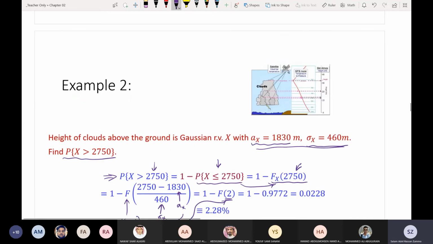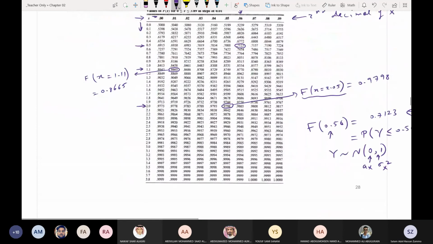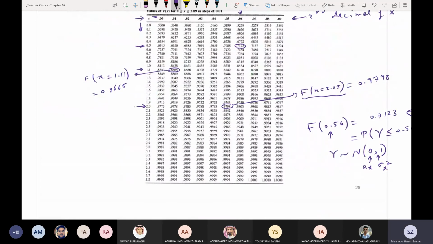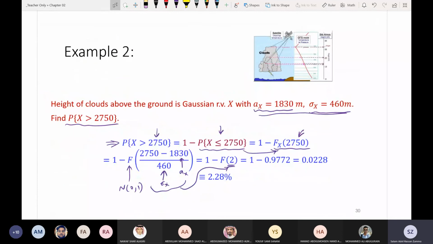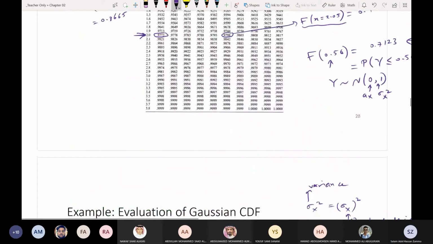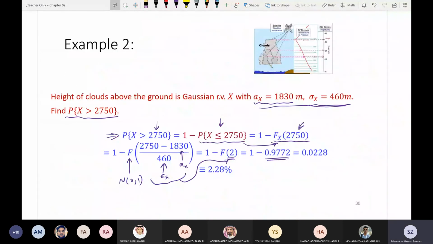What is F of 2? Let's go back to the table. F of 2 was 0.9773. So it's 1 minus 0.9772 ولا 3؟ 3 المفروض. ما فرق, which is 0.0228.